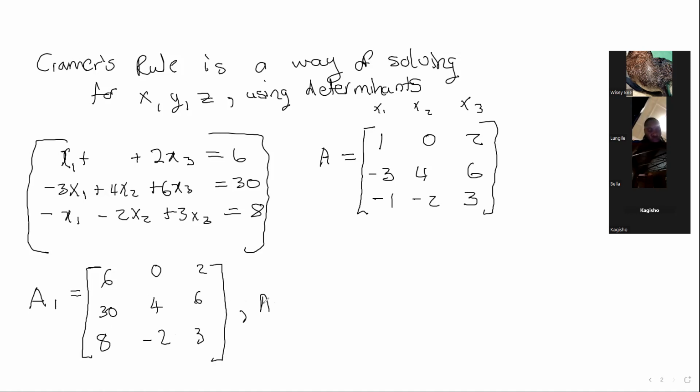Then A2 will be, cancel, this comes back: 1, minus 3, minus 1. Now you remove this one and put 6, 30, 8. Then this.